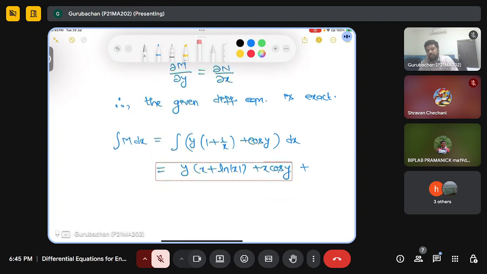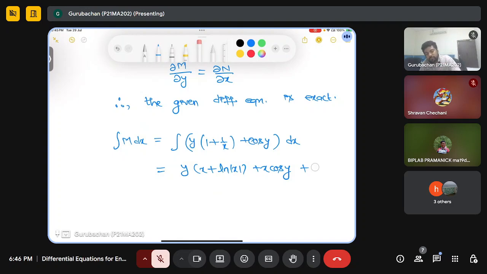Now, what will be the constant? You let me know. Will it be simply c, or will it be some function of some variable? Before integrating, I told you that we are integrating with respect to x, so we assume that y is a constant. That means the arbitrary constant should be a function of y.